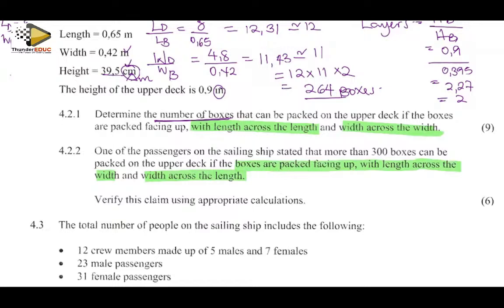It simply means we are going to say the length of the deck divided by the width of the box versus width of the deck divided by the length of the box. Afterwards, we multiply the layers that we already had. So substitute into this and we see.